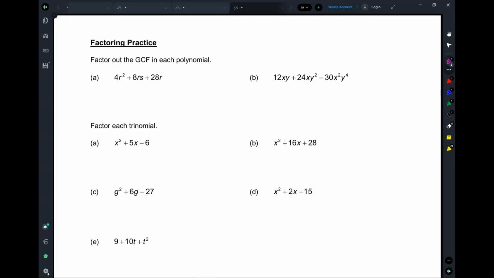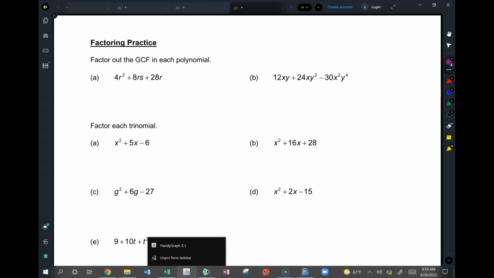How do you know what's a term? Each term is separated from the others by a plus or a minus. With 3 terms, this is called a trinomial, like a tricycle.